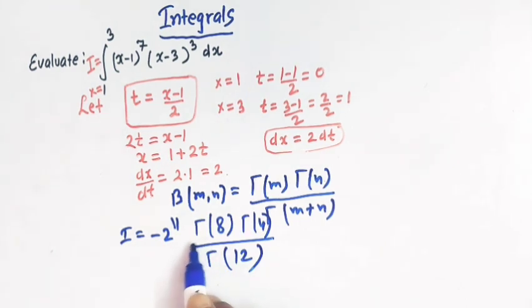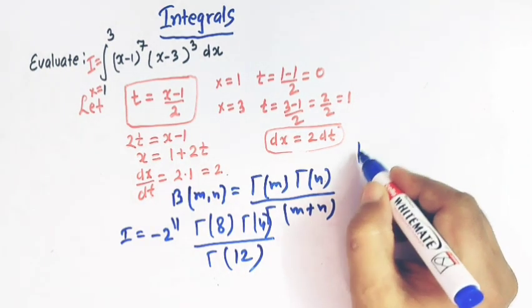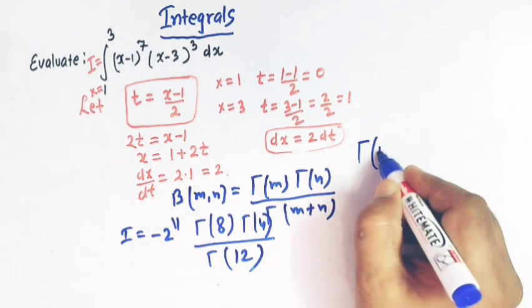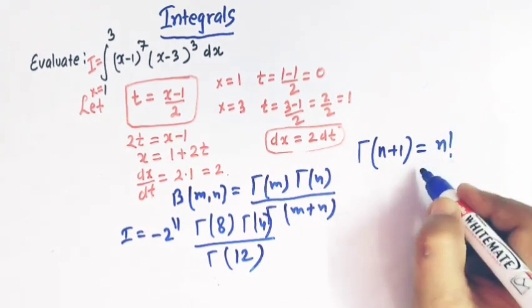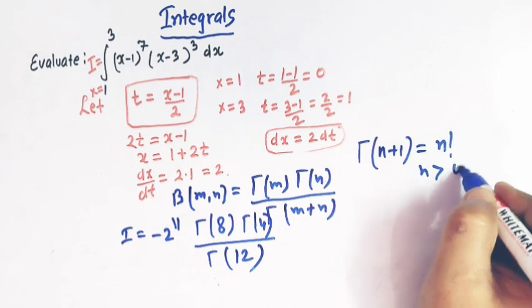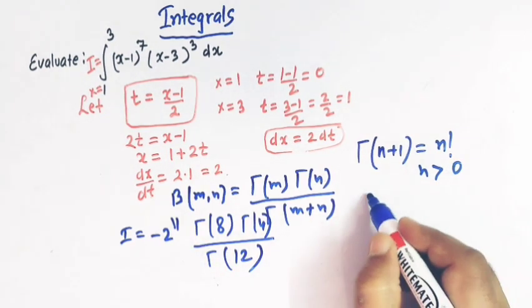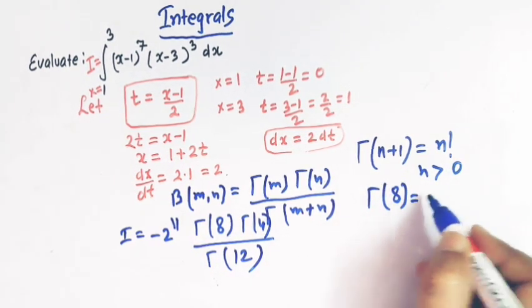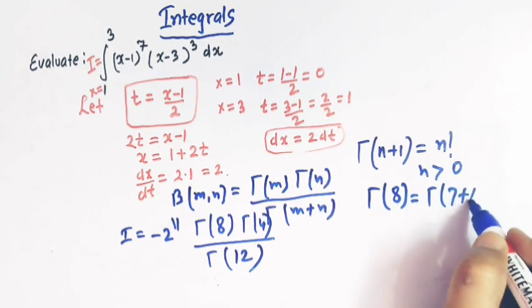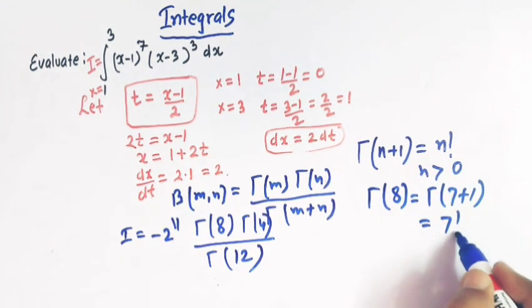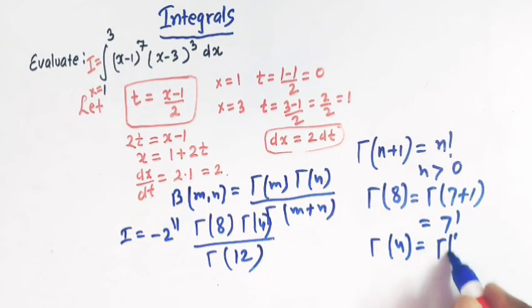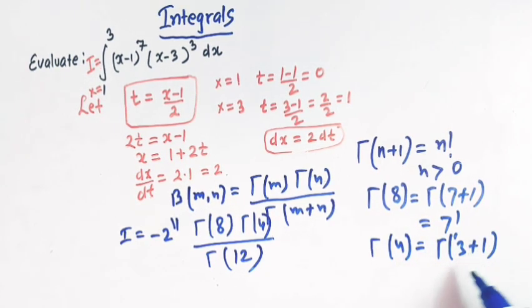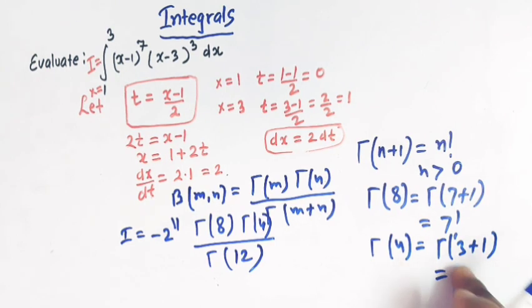To calculate the values of gamma 8, gamma 4 and gamma 12, we make use of this result: gamma of n plus 1 is equal to n factorial, where n is greater than 0, right? So gamma of 8 is gamma of 7 plus 1, that is 7 factorial. Similarly, gamma of 4 is gamma of 3 plus 1, that is 3 factorial.